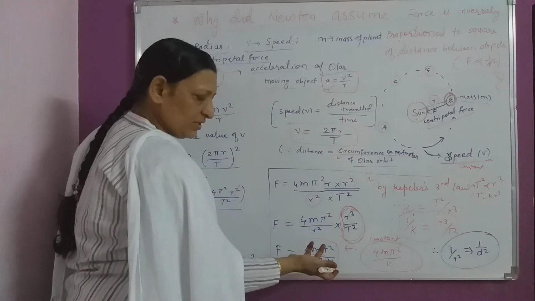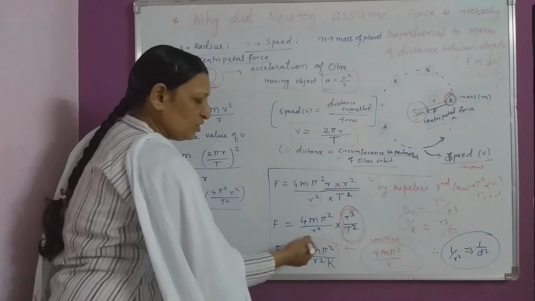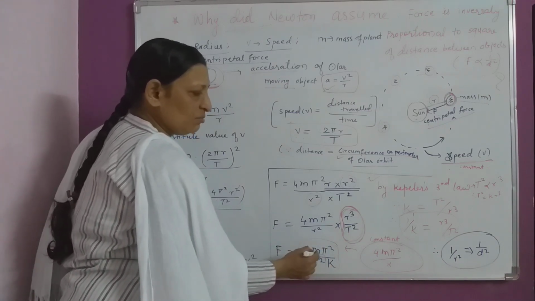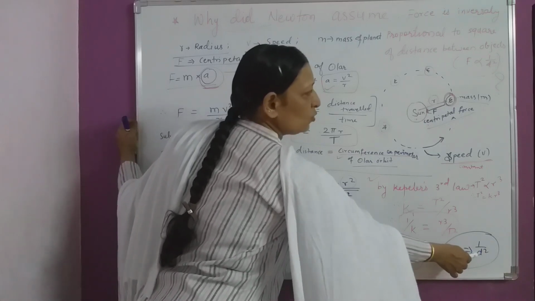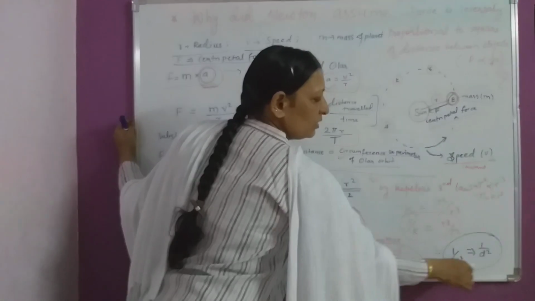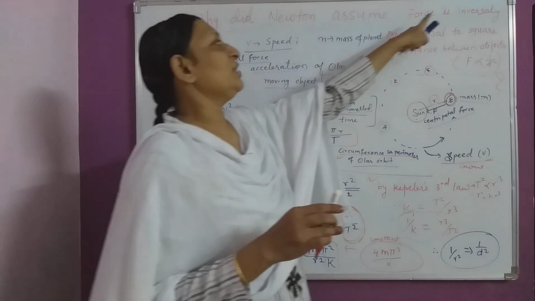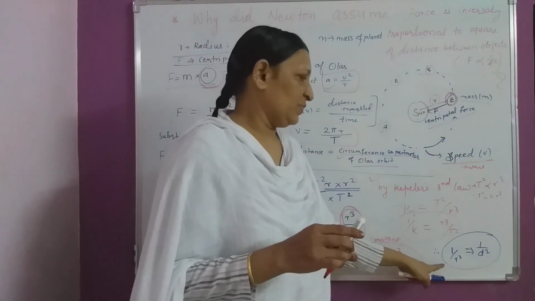Pi is a constant once again, and k is again a constant value, which means in this expression all these values are constant. What is remaining? 1 upon r square. r square means the distance between the two objects, right? So that's why Newton assumed the force is inversely proportional to the square of the distance between the two objects.